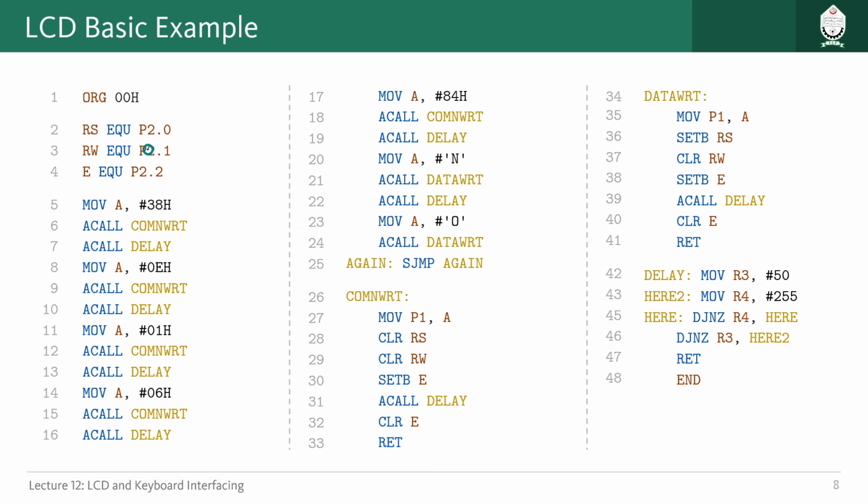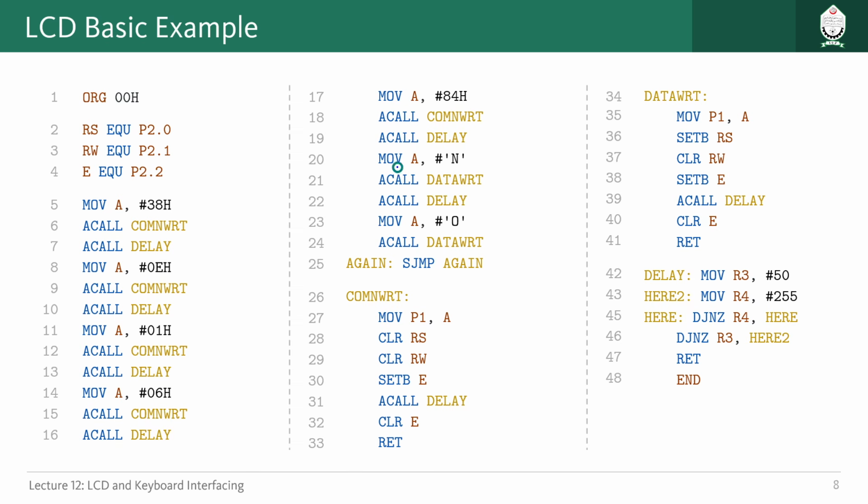RS is connected with pin 2.0, RW is connected with pin 2.1, E is connected with pin 2.2, and we have used this EQU directive so that elsewhere in the code we can just use RS instead of pin 2.0, RW instead of pin 2.1, and so on. Okay, just for our convenience.